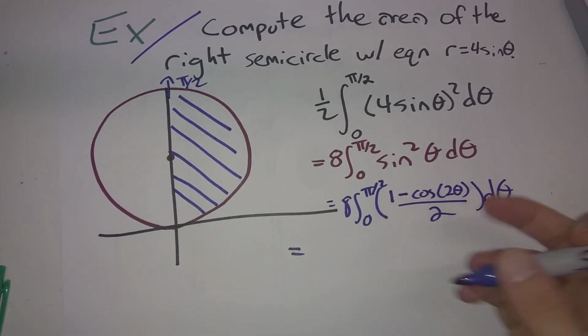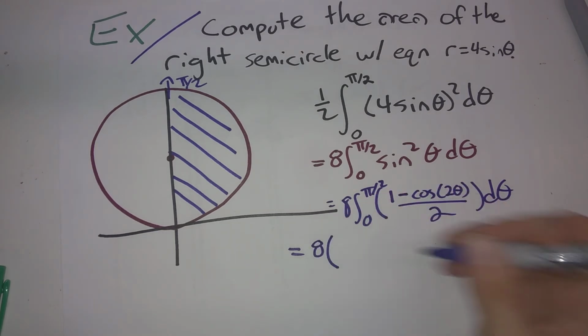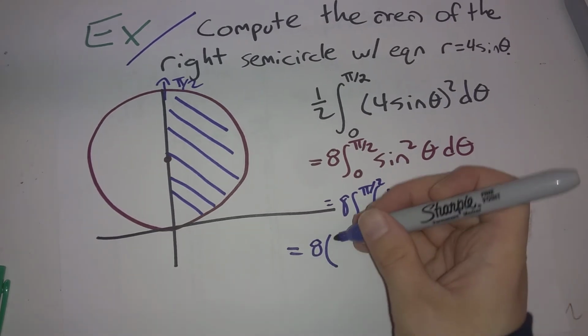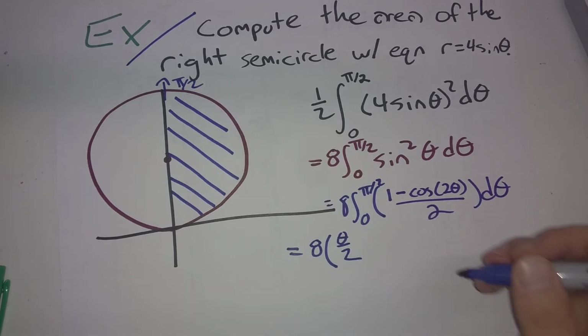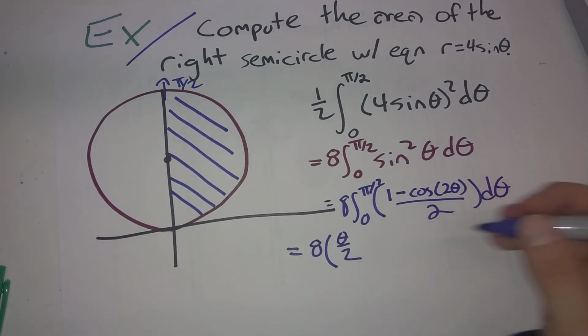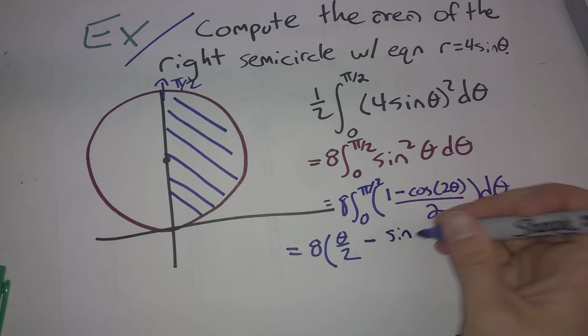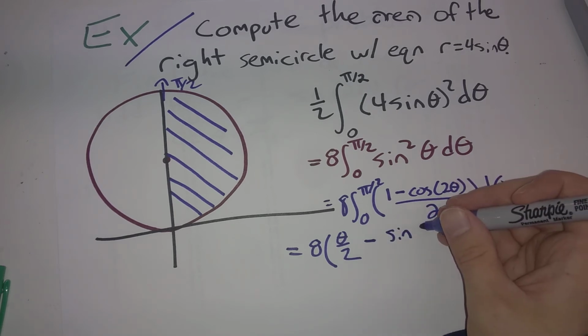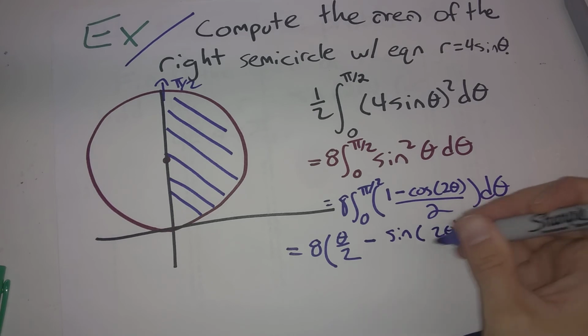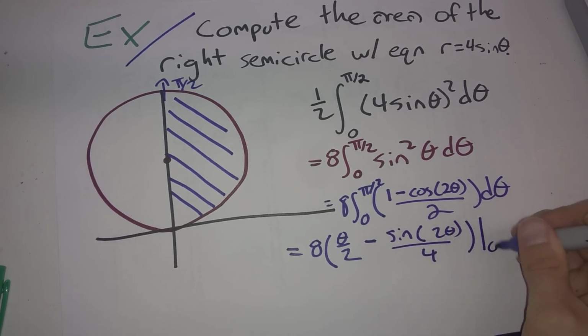And so when we integrate this, we get 8 times the integral of 1/2, which is theta over 2. And then we end up with a minus sine of 2 theta divided by 4. Plug in 0 and pi over 2.